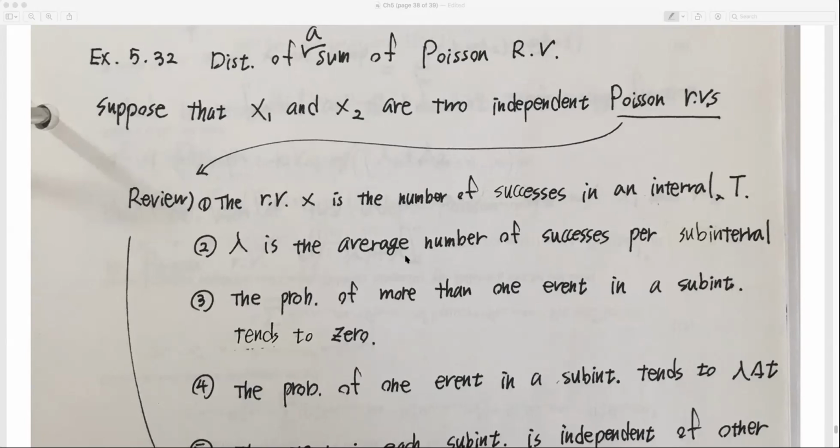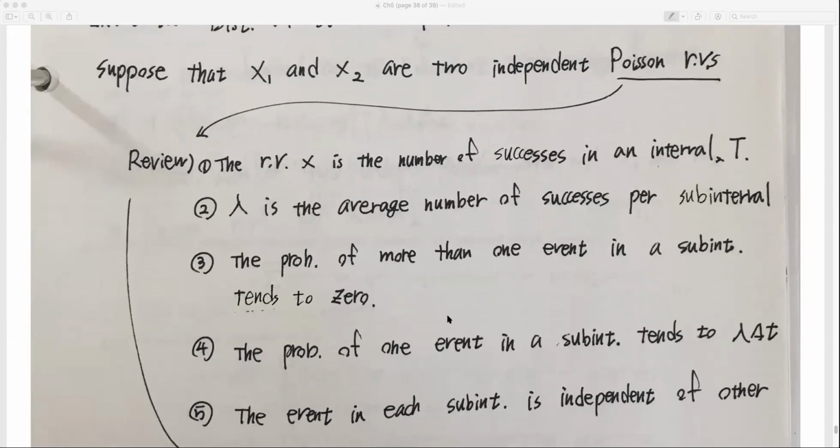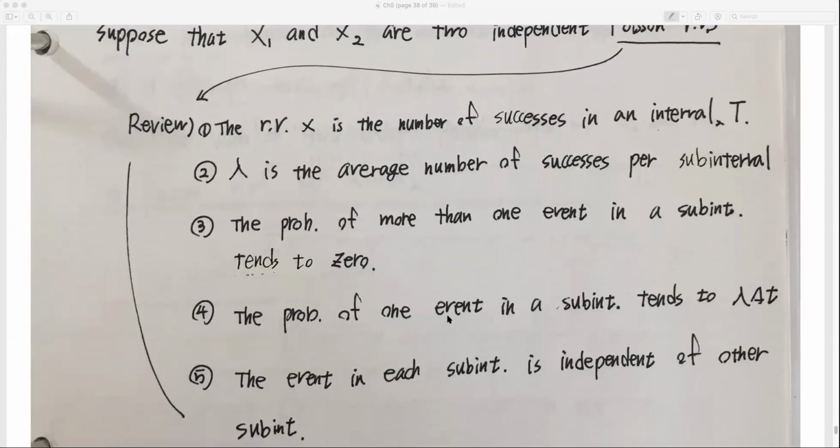Lambda is the average number of successes per sub-interval. The probability of more than one event in a sub-interval tends to 0, and at most one event in a sub-interval is likely to happen.